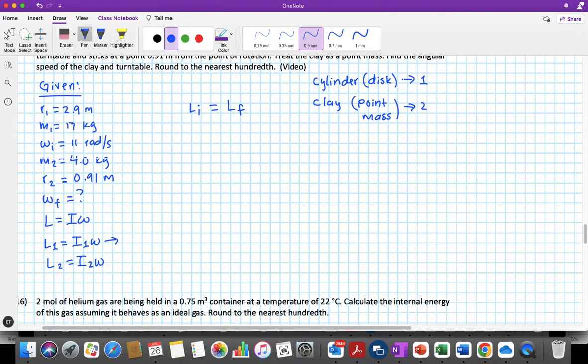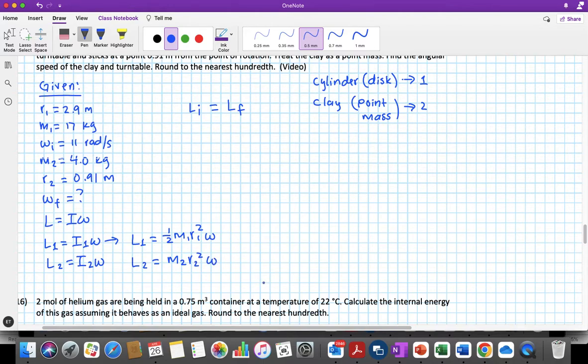In this case, it would be 1/2 m1 r1 squared because we're working with the cylinder. So angular momentum 1 is moment of inertia 1, that is 1/2 m1 r1 squared, times omega. And then L2 will be m2 r2 squared times omega.